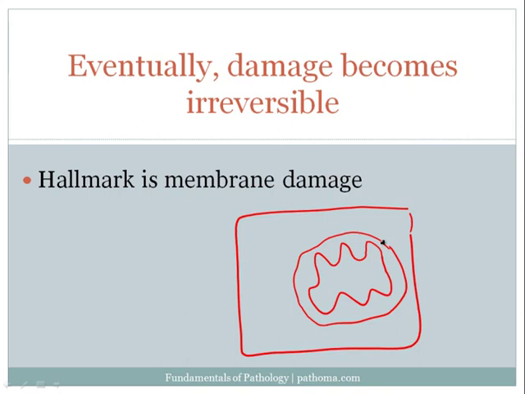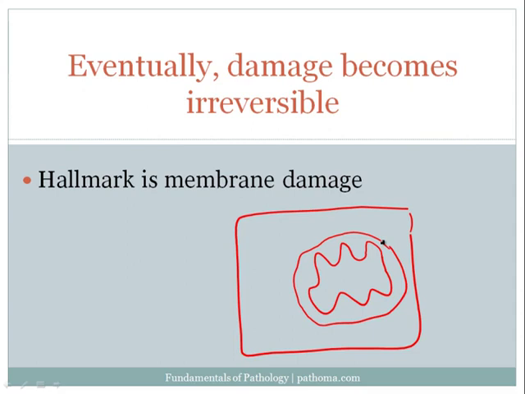First of all, let's ask a question, and it commonly shows up on exams. Where is the electron transport chain? The electron transport chain is on the inner mitochondrial membrane. That's something to burn in your brain. Inner mitochondrial membrane. And so if there is membrane damage to the inner mitochondrial membrane, that's going to be permanent.